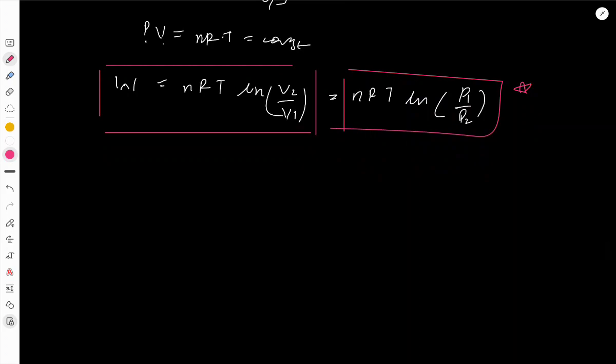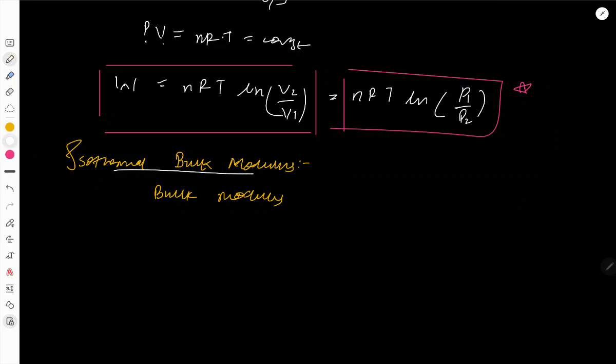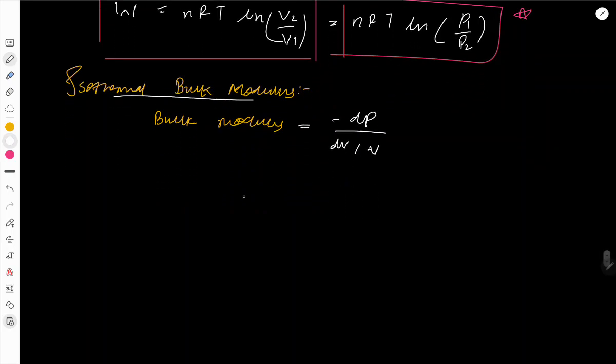Now, let us understand the isothermal bulk modulus. What is bulk modulus? Bulk modulus is equal to minus dP upon dV by V. This is the definition.